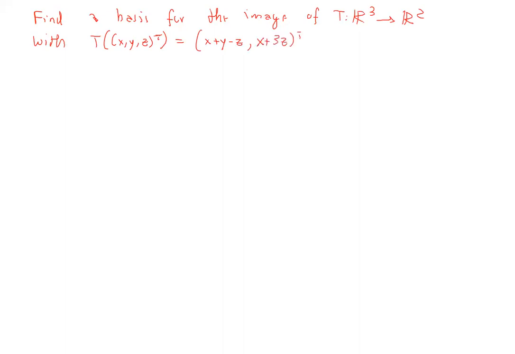Let me give you a couple of minutes to think about it, and then we'll do it together. Okay? Think about it. There's something a little more interesting about this particular problem.